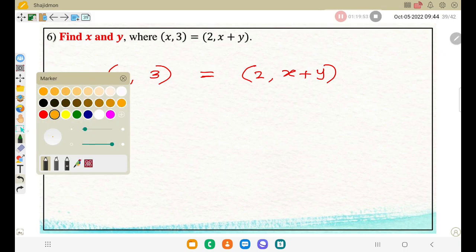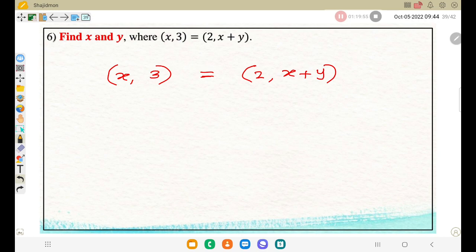When we are telling two vectors are equal, the vectors have the same magnitude, same direction. You can see this equal to symbol. Equal means first number should be equal, second number should be equal. That is the meaning of equal vectors.